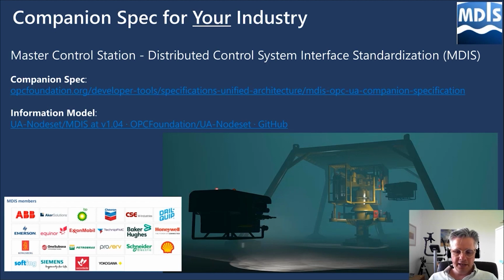Here's one from the oil and gas industry. As some of you may know, I'm currently involved in a carbon capture and storage project with some of the largest European oil and gas companies. It's called Northern Lights, and one of the data models we're looking to leverage is this MDIS data model.